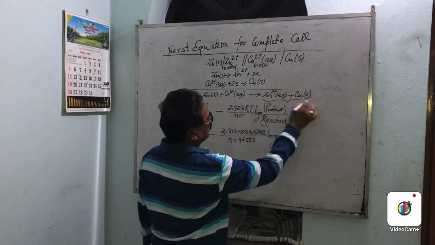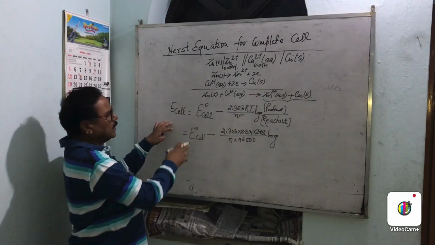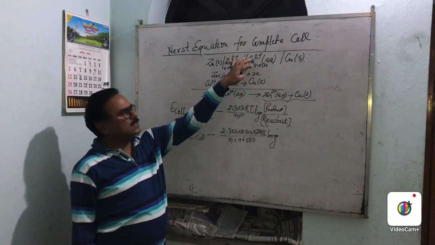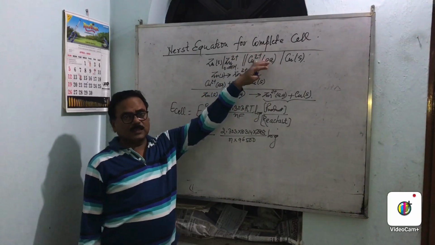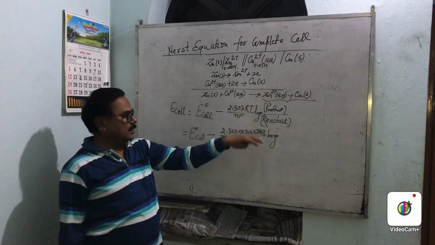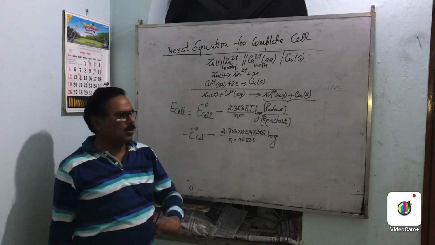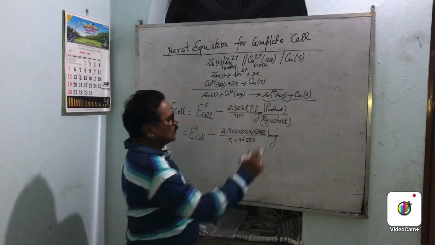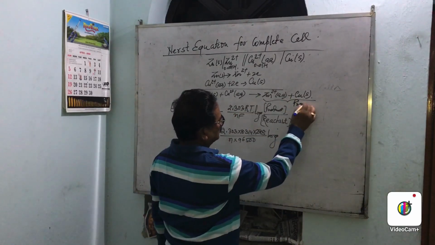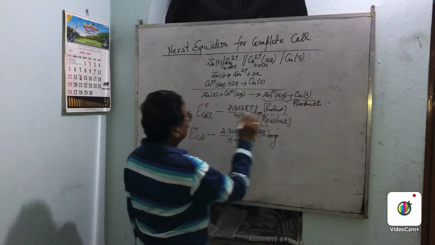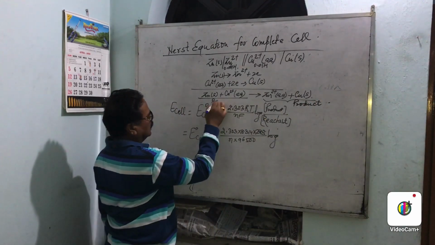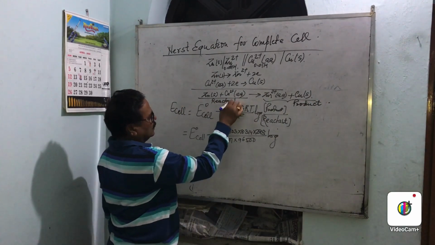This is the equation because we are applying the Nernst equation in the form of an equation, not in the cell. If you consider the cell in your brain and write the equation by keeping in the cell representation, then it will be wrong. Keep in mind the equation. So this is the product side and this is the reactant side. Right?